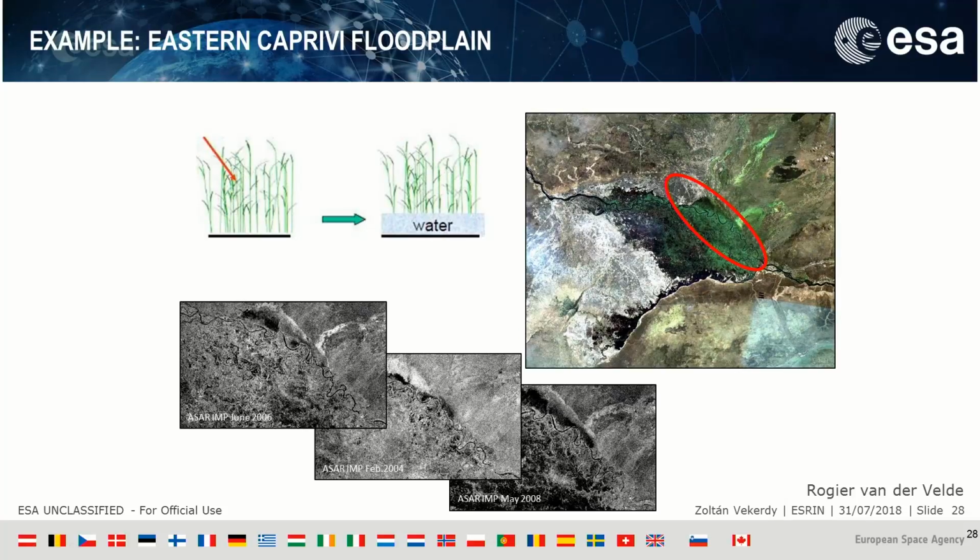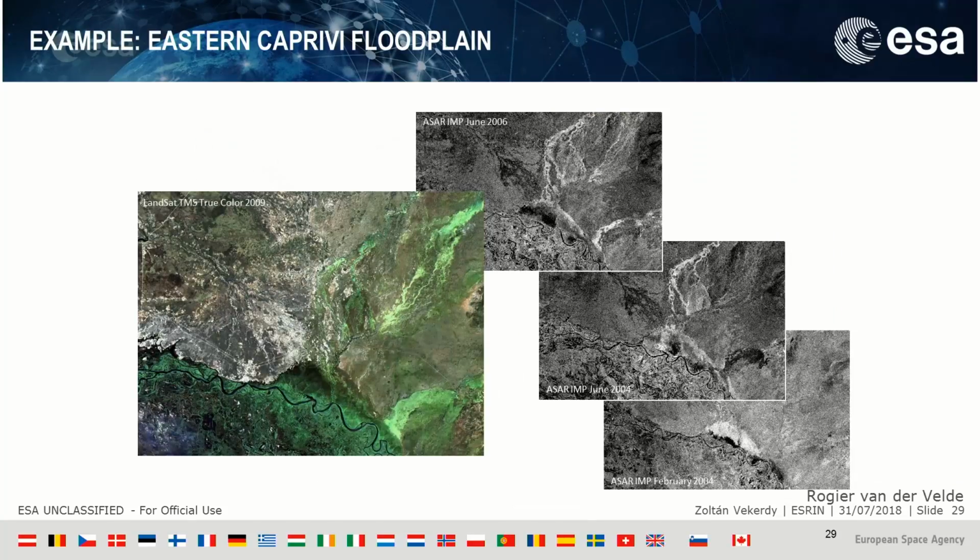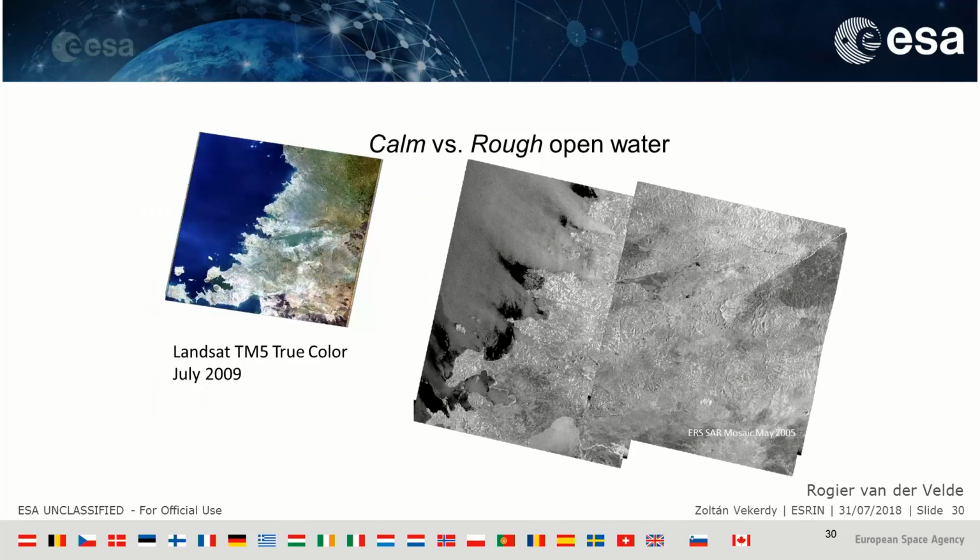Here you can play a little bit with thresholding, and you can identify some flooded vegetation. Again, an example of the same region with different floods.